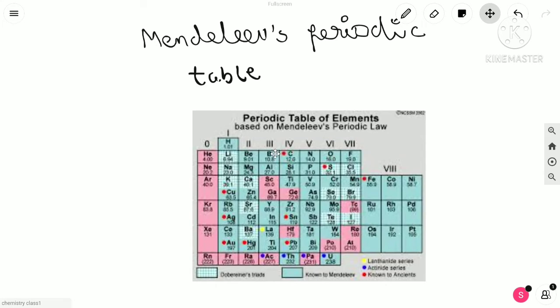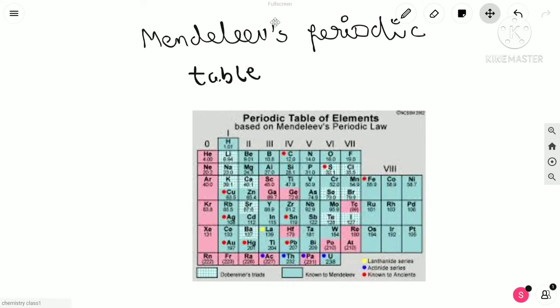This method worked really well. He even predicted that there were some elements which could not be discovered during his age. That's why we credit Mendeleev with an element for himself, called mendelevium, as many other scientists who tried classifying were not successful.